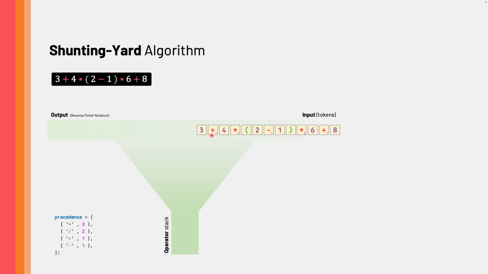We go from left to right. If it is a number, go straight to the output. If it is an operator, in this case, we just go straight to the operator stack. A number goes straight to the output. Operator times is greater than plus, so we just push on top of plus. So far, nothing changed. Now, in the moment that we find an open parenthesis, this thing right here goes always to the top of the stack.